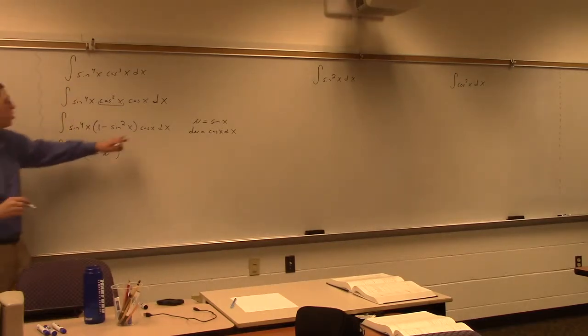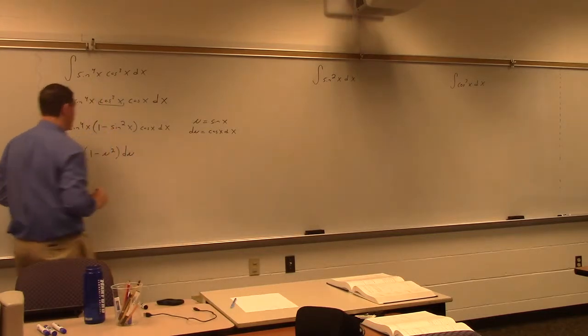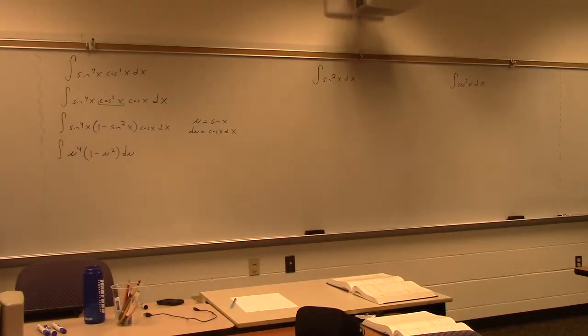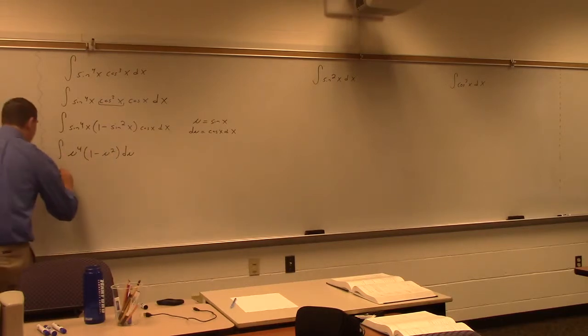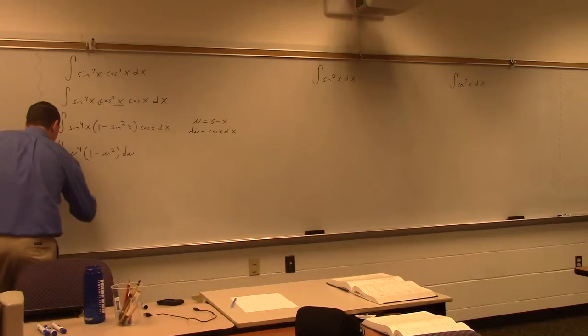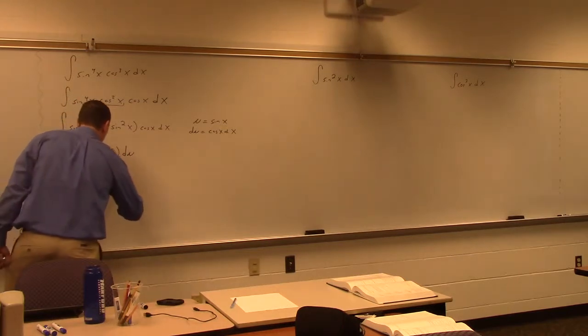And then finally, cos x dx is our du. At this point, we want to distribute the u to the fourth, so let's go ahead and do that. So now we get an integral of quantity u to the fourth minus u to the sixth du.